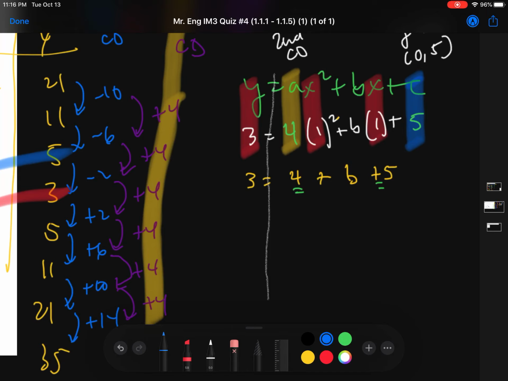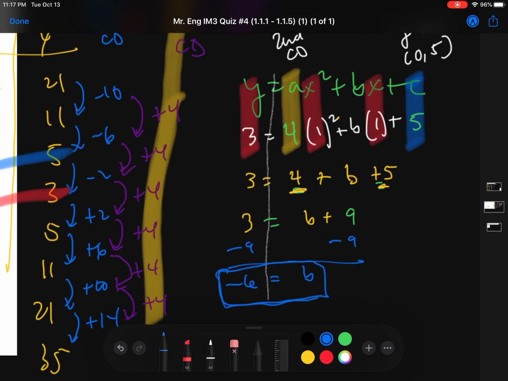So 3 equals b plus 9, right? I just added the 4 plus 5. They're on the same side, use the same math operation. And then if I subtract 9 from both sides, I'm going to get negative 6 equals b.